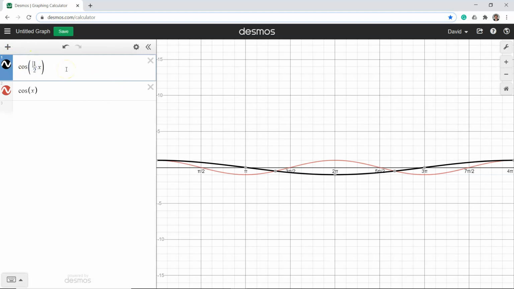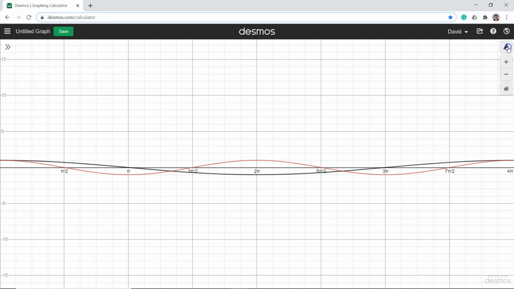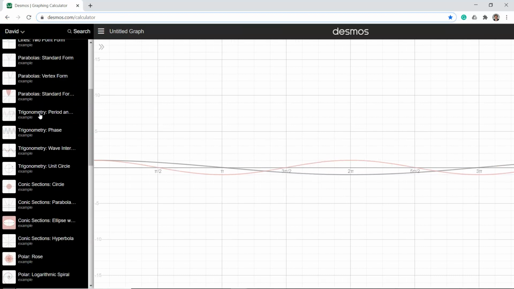So that's basically it, I guess. I think that's it. That's Desmos, and that's how you can use it in order to help you with these concepts. As always, there are different plots you can go through with trigonometry.